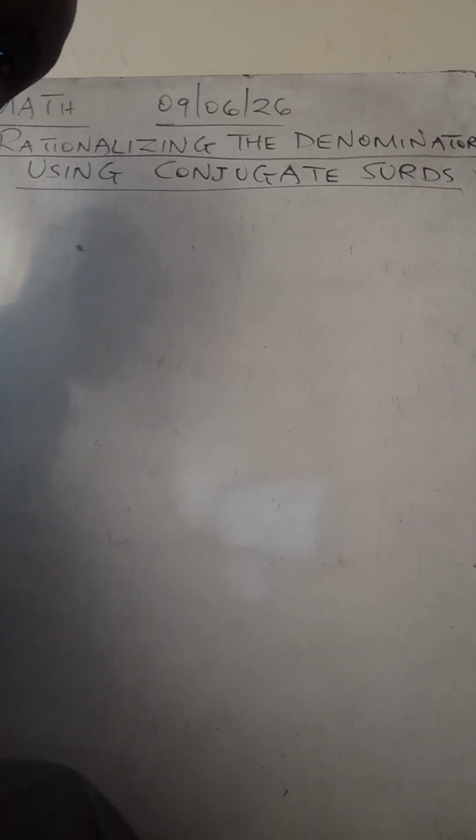Let me remind you again. To rationalize the denominator means you ensure that the denominator becomes a rational number from an irrational form. You remove the irrational root from the denominator such that the denominator now becomes a rational number.